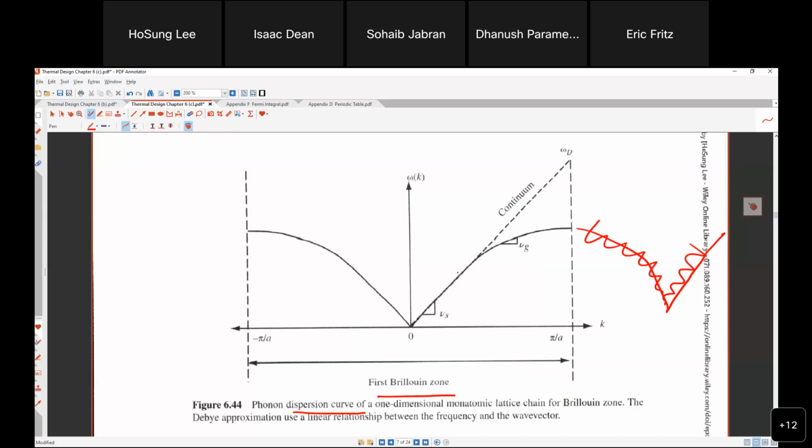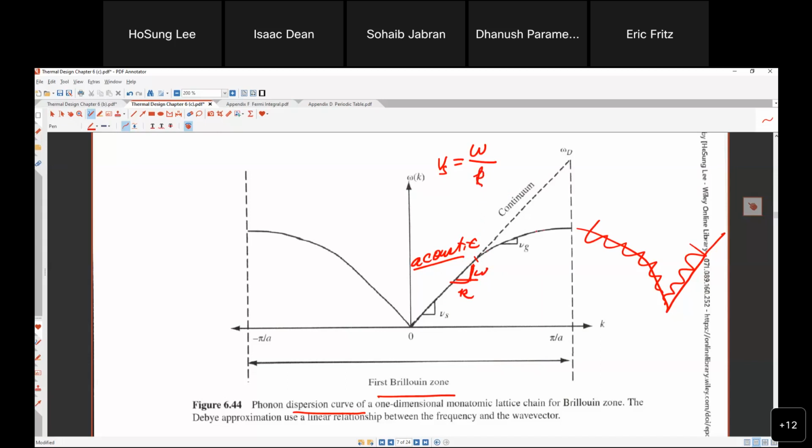So most of acoustic, I think acoustic is here. So sound velocity is linear here. Linear. Omega over K, frequency over K. Yes, linear mostly.